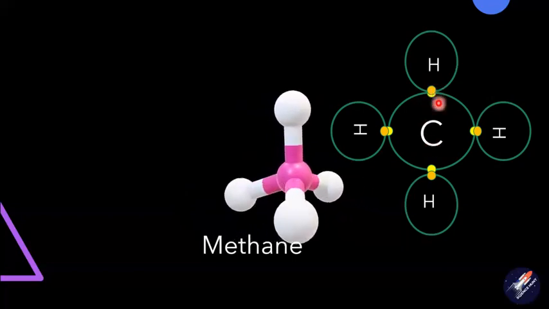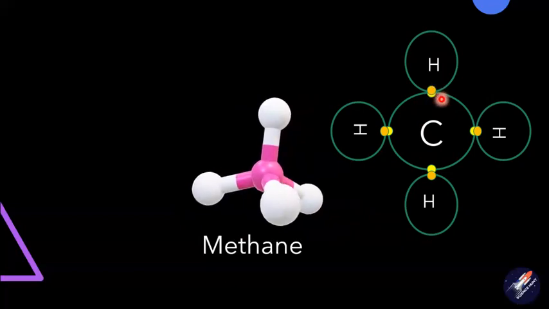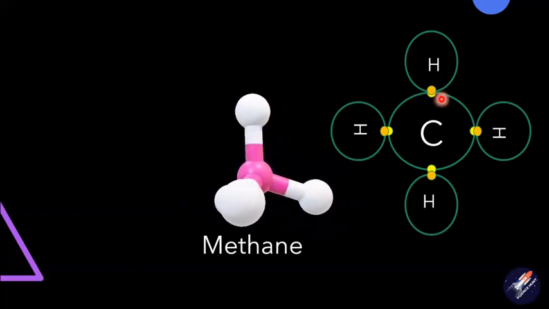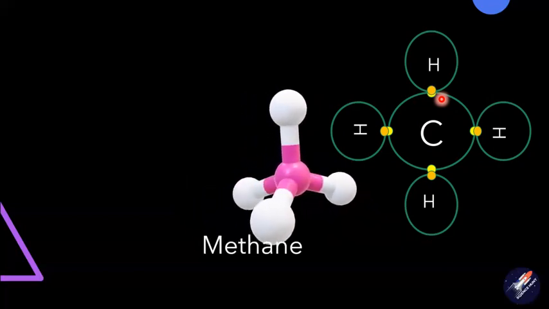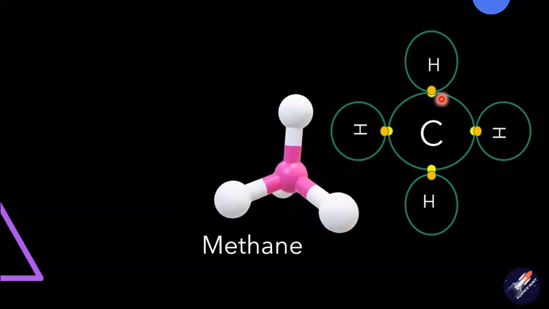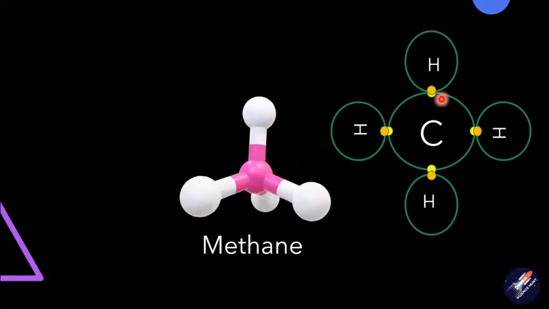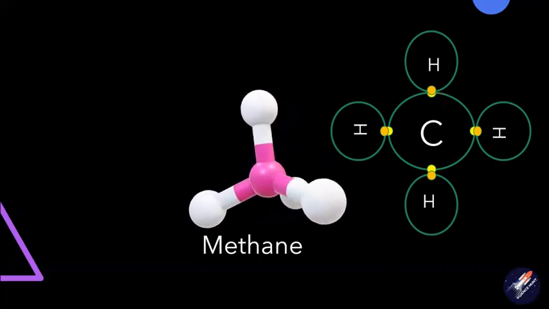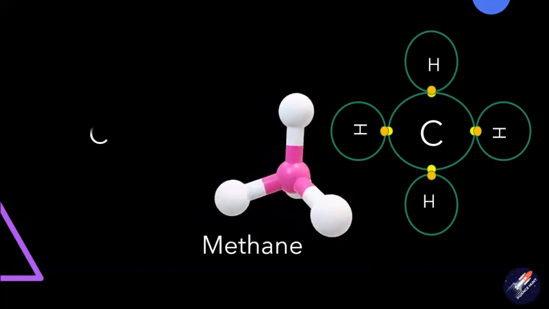And if only 1 electron is shared, the compound will get a suffix of ane from the family group of alkane. If 2 electrons are shared, then the suffix will be ene, that is alkene, and so on and so forth. So here, there is only 1 carbon atom and there are 4 hydrogen.